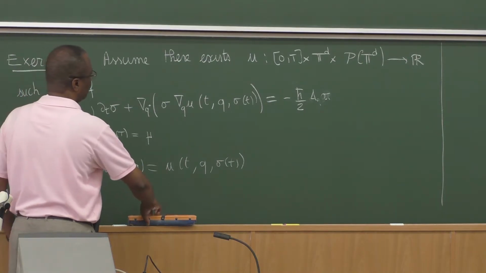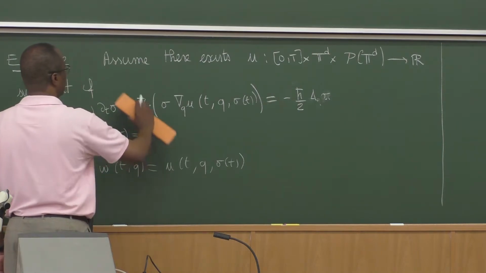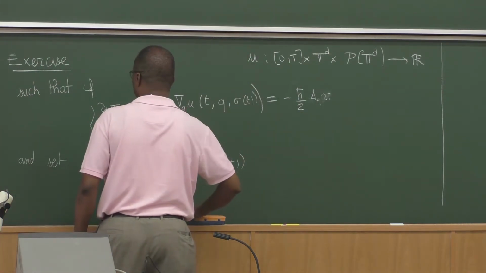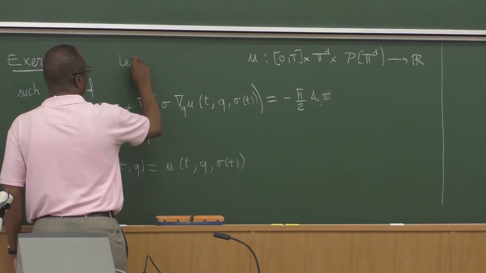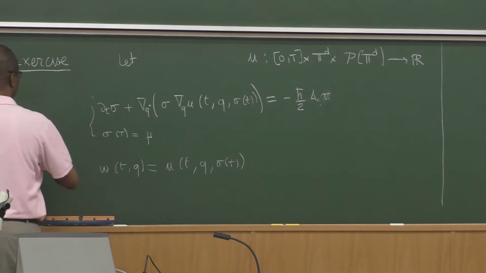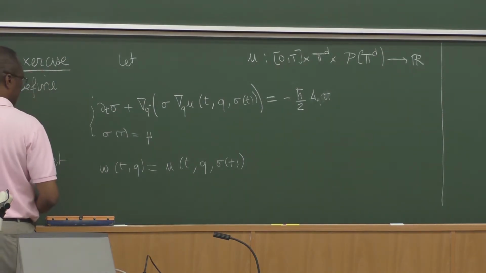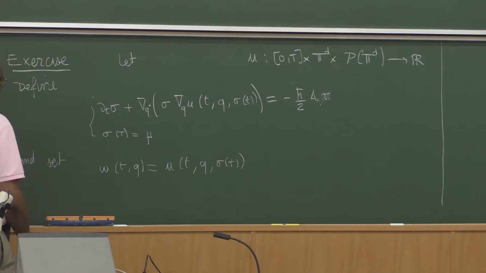So it should not be assumed, it should be: let U be such that I define sigma and set W to be that.